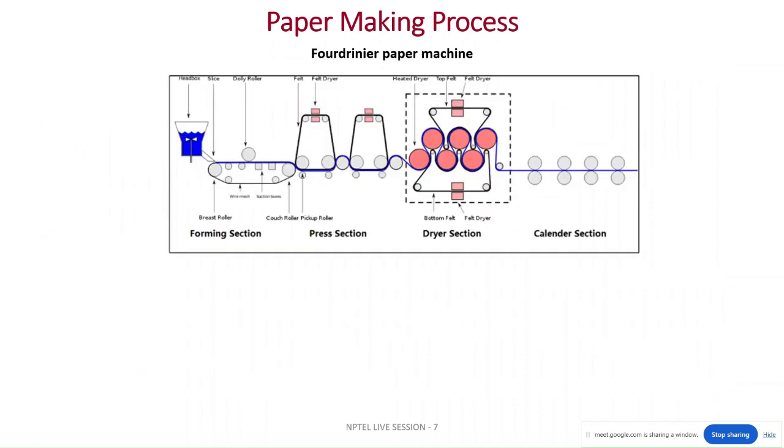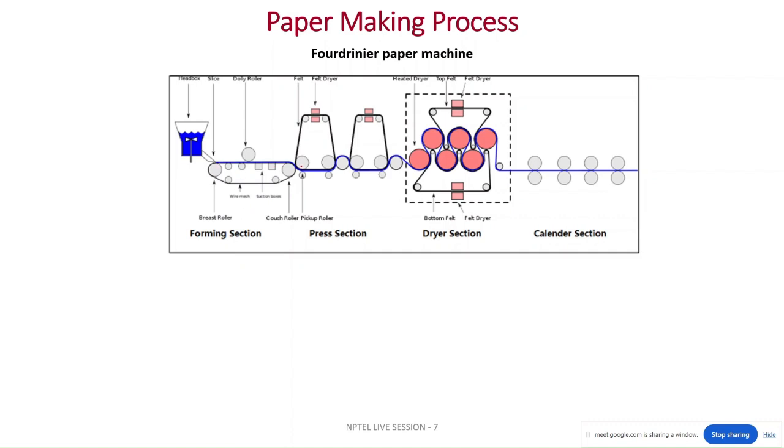So this you can see, this is the Fourdrinier machine, paper machine. So here what happens? Here is the head box where the pulp is mixed with water to make it watery, like 0.5 to 0.75% fiber content. Then it is fed to the first section, that is the web forming section.